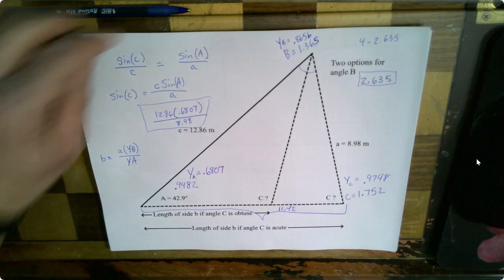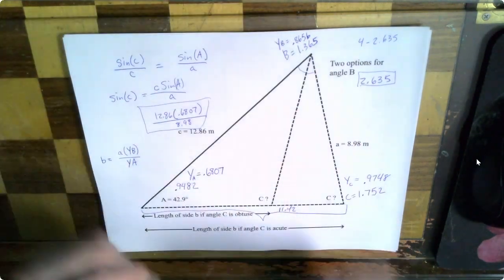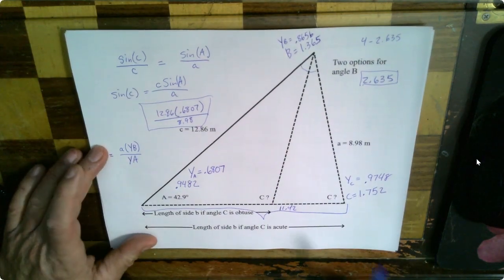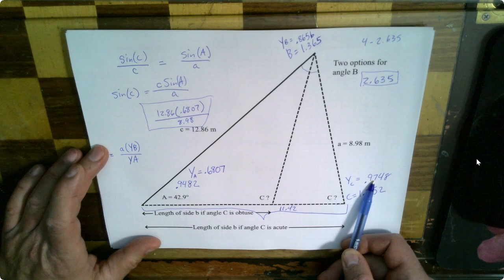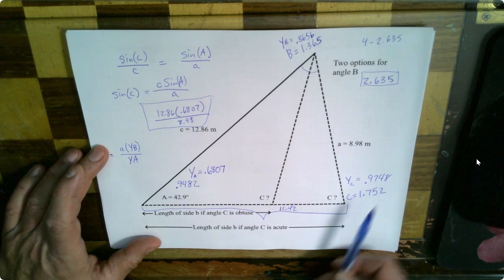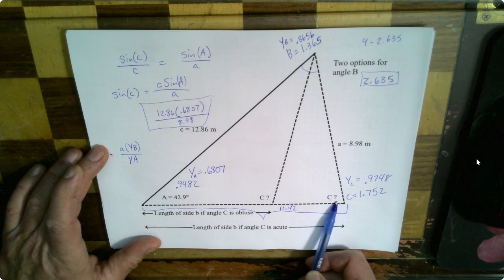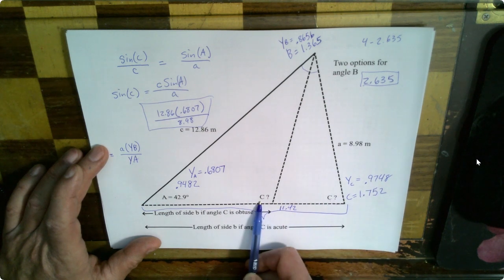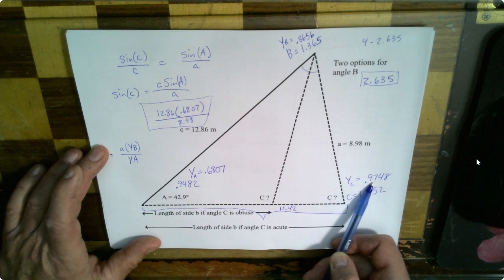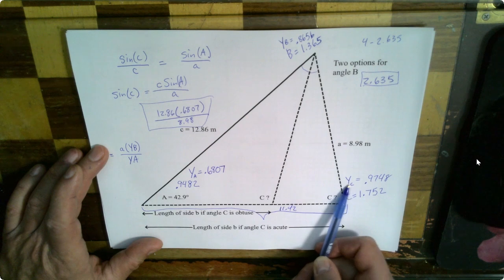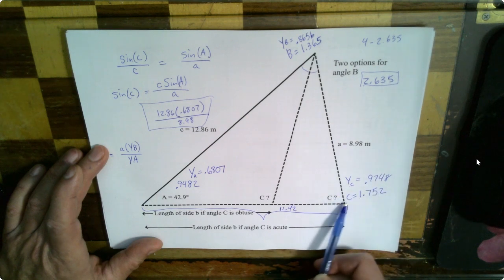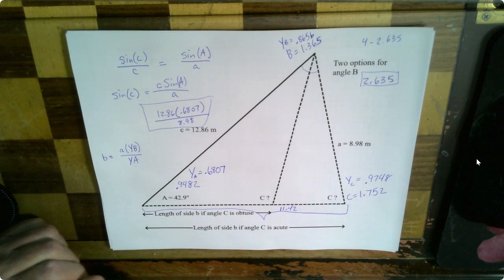Now let's look at this obtuse option. Notice we got the sine ratio for C early on, and this sine ratio is the same whether we are talking about the acute option or the obtuse option. The only difference in our output is that I put this as an input into the acute inverse sine.